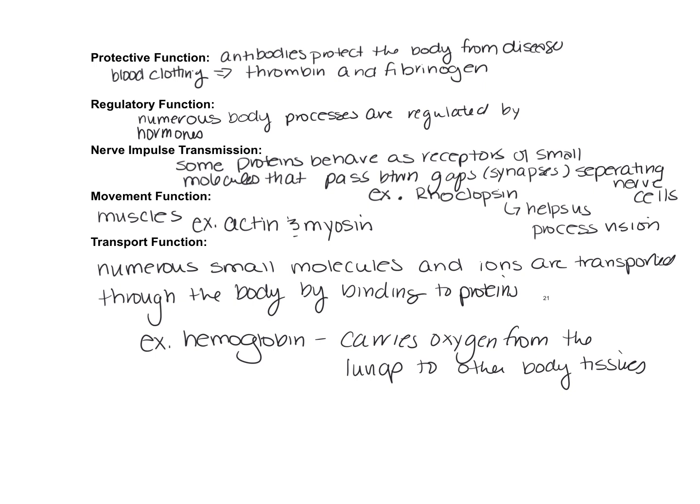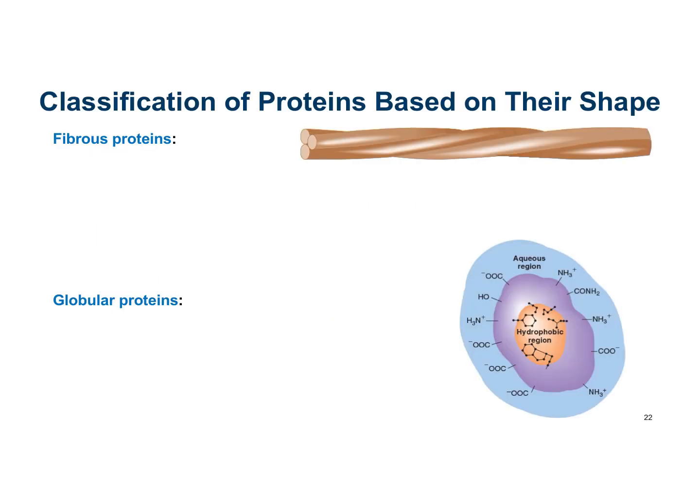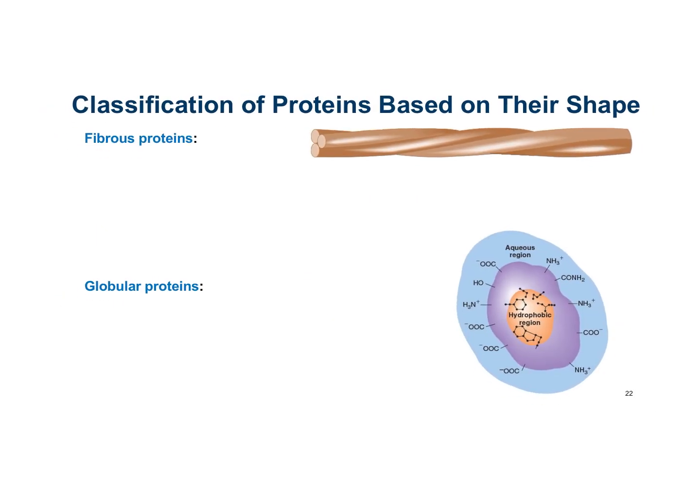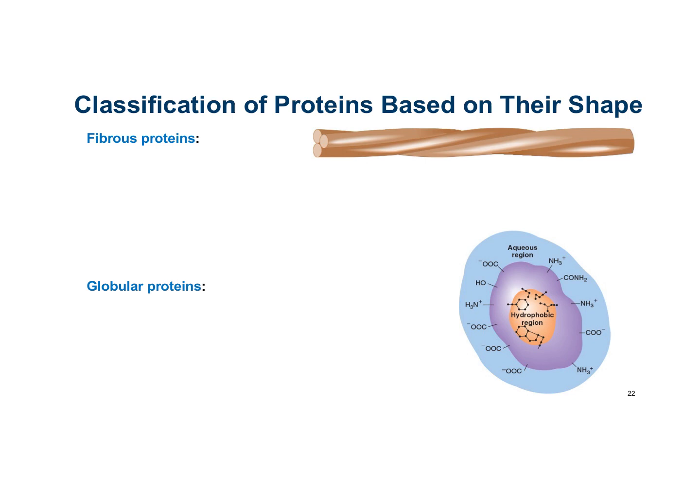Now, we can classify proteins in two ways. We can classify them based on their shape. So some of our proteins are what we classify as fibrous, and some are globular. Now, fibrous proteins are made up of long rod shape or string-like molecules that intertwine to form fibers.